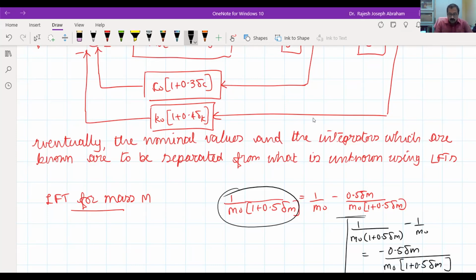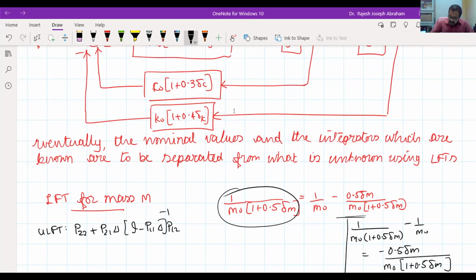Now, to which LFT will we compare this, the LLFT or the ULFT? The ULFT, because this is the perturbation, so the delta block has to be there. So we need to compare it with the upper linear fractional transformation. The ULFT equation, if you remember, is P22 plus P21 delta into I minus P11 delta whole inverse into P12.